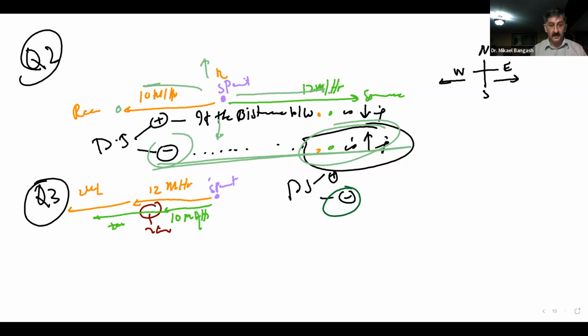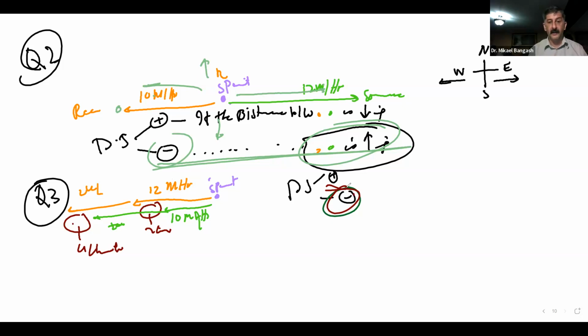So now the distance is even greater. There's a 4 mile distance between them. Because the distance between the source and receiver increases, it's a negative Doppler shift.